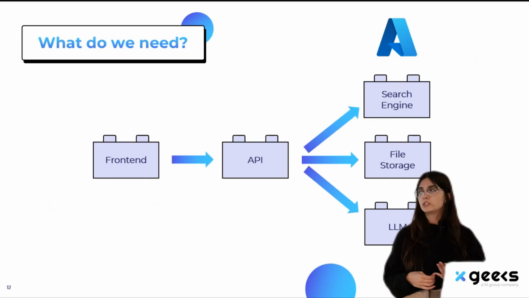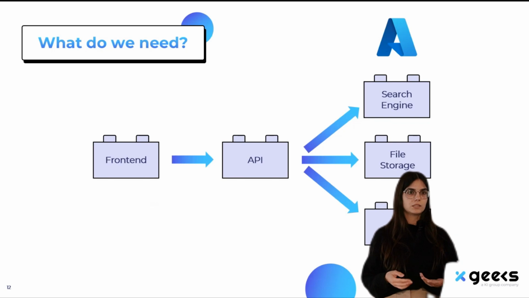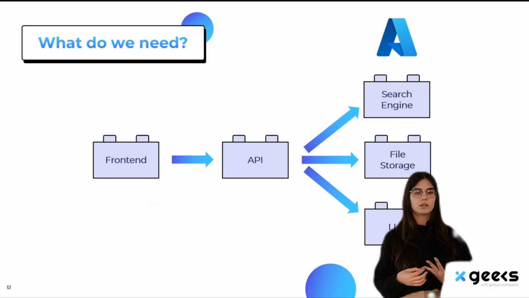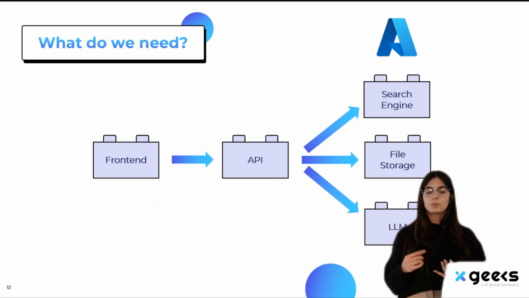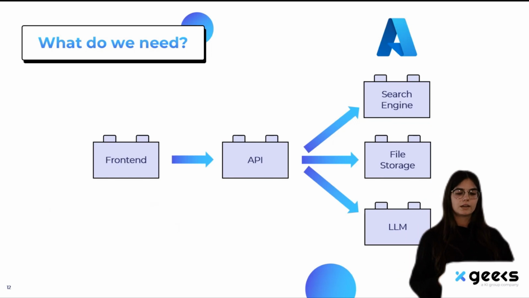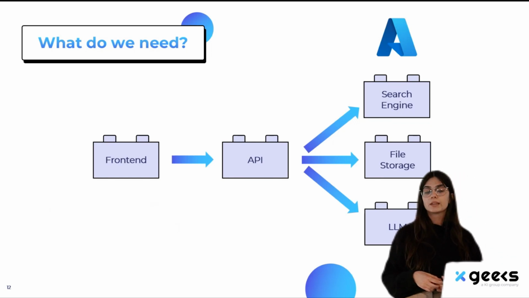We need a search engine to turn our data into vectors. That is basically the number representation of the data. We also need this search engine to be able to save some metadata, for example, the product name, so we can then identify well the file.